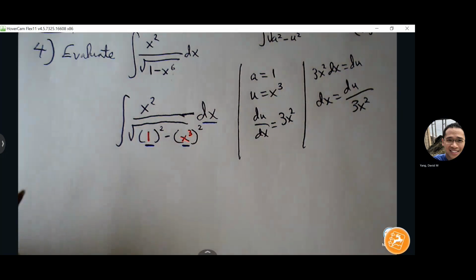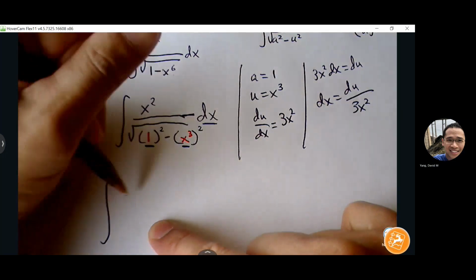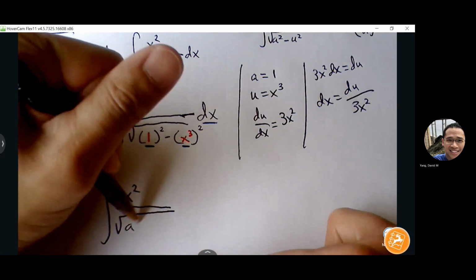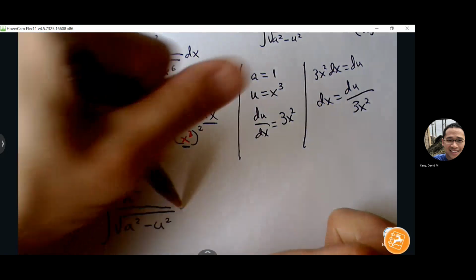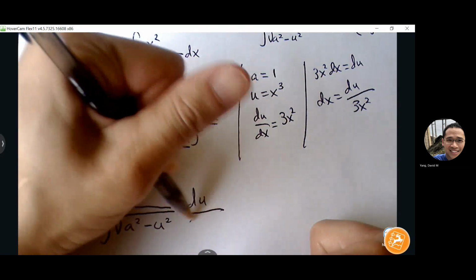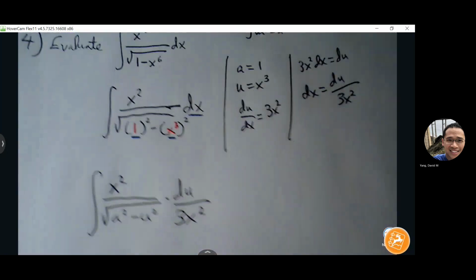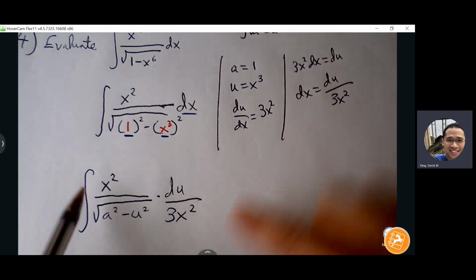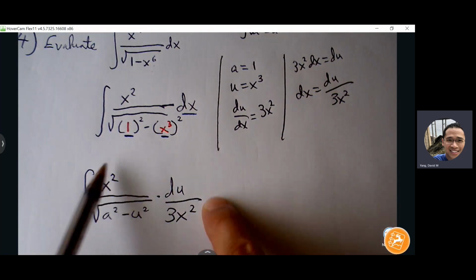Okay, we'll make our substitutions. Okay, so that derivative of 3x squared is really helpful because we know we can't move forward unless the x's find a way to disappear, and they do.